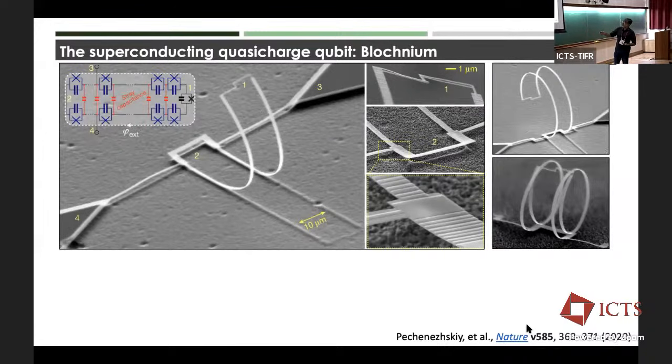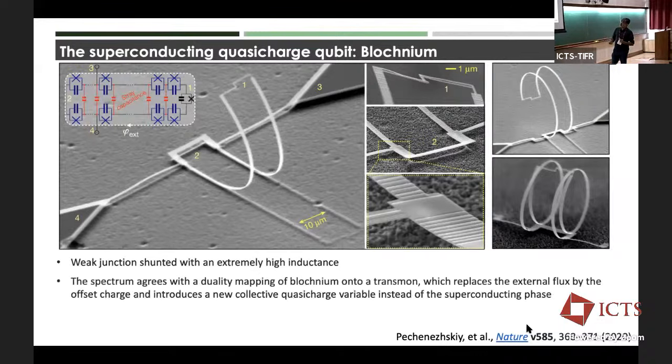This allowed them to reach these insanely large inductances without suffering from the capacitance problem, and they were able to get into this regime. So it's a weak junction. Weak means small size junction, small Josephson energy. That's this one here at the top, which is shunted with an extremely high inductance.